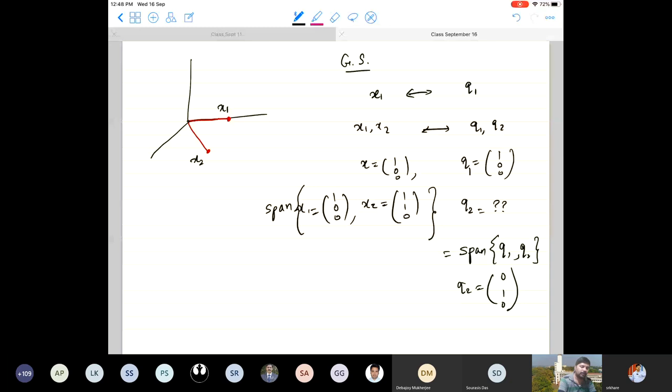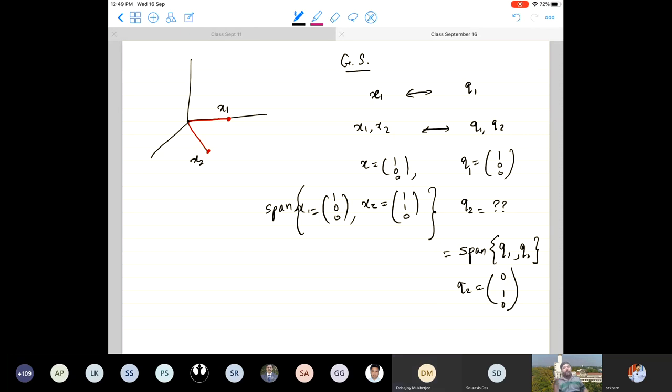What is really happening is x1 and x2 are actually spanning the xy plane. And you have already chosen q1 to be equal to 1 0 0. Then what is the another orthogonal direction to this vector 1 0 0, which will help you span the entire xy plane? So obviously it has to be 0 1 0. Can you take 0 minus 1 0?